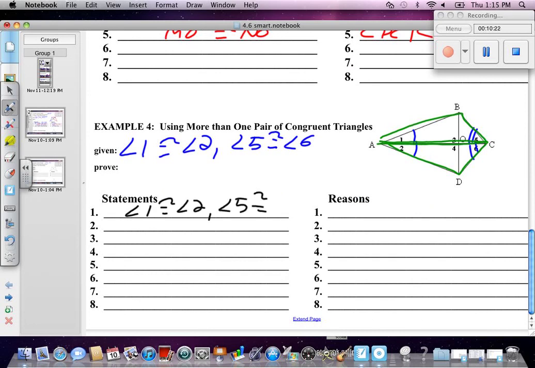Angle 5 is congruent to angle 6, given. Then I'm going to go to the new part. I know AC is congruent to AC by reflexive. And then the triangles are congruent by what? Angle, side, angle, because the side's in between them.